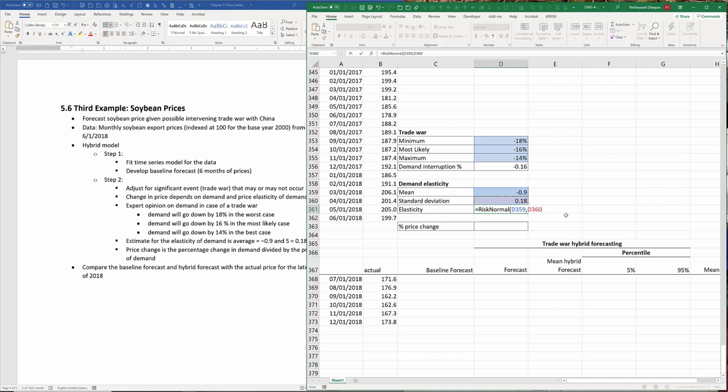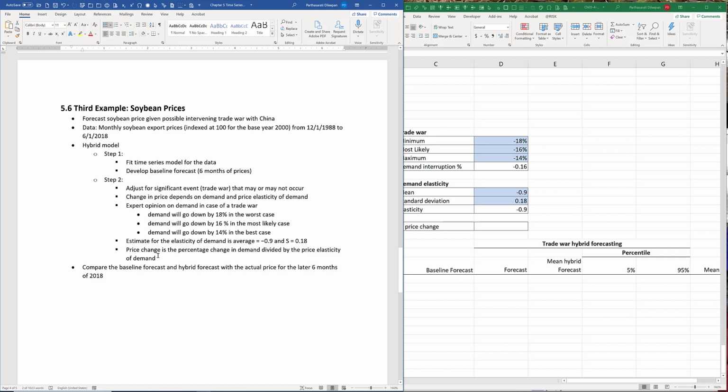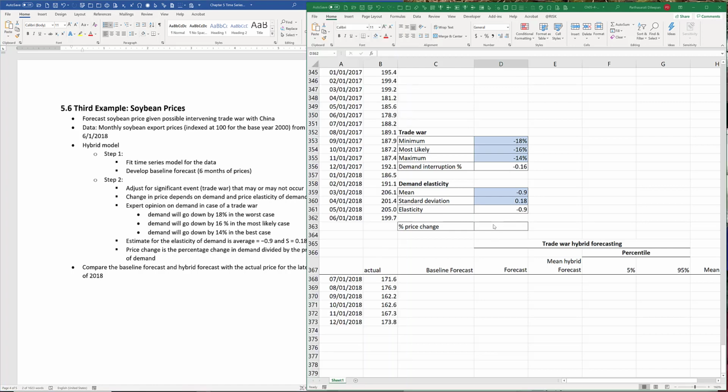comma, standard deviation. Now the price change is the percentage change in demand divided by the price elasticity. So the price change will be given by the demand change divided by the elasticity.